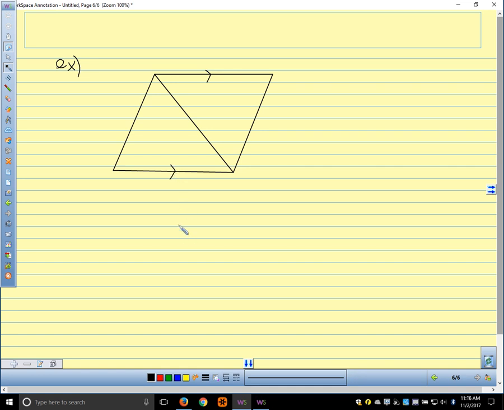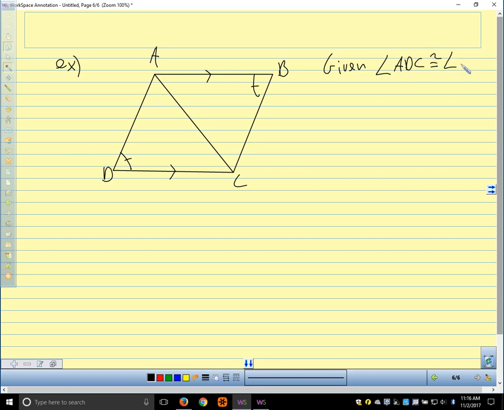All right, so before I go any further, what do the 2 arrows on those 2 segments mean? It means they're parallel. All right, so I'm going to mark these congruent, and I'll label the vertices A, B, C, and D. And we're going to be given, so given is just what's marked here, angle ADC is congruent to angle CBA.